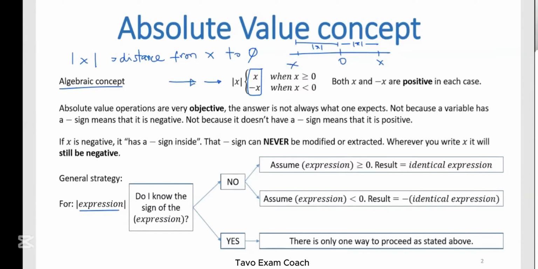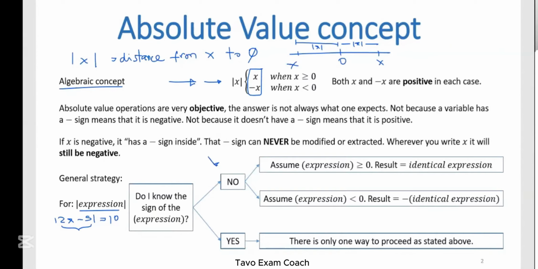Use the definition of the absolute value to open and get rid of the absolute value symbols so that you can solve a problem. Example, if you have this, the absolute value of 2x minus 5 equals 10. What's the sign of 2x minus 5? Do we know? If we don't know, then we have to go this way.